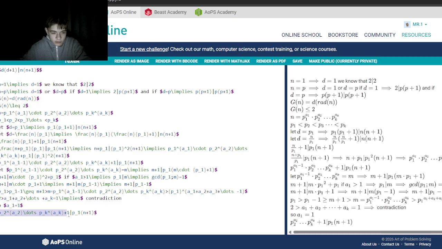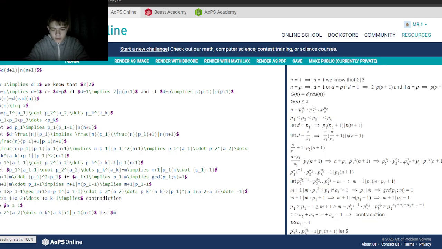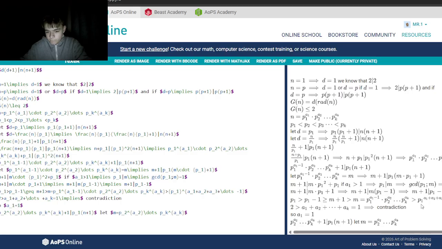So let m be equal to this. Okay, so we have m plus 1 divides, let's just call p1 p because it's easier to write, p times pm plus 1.